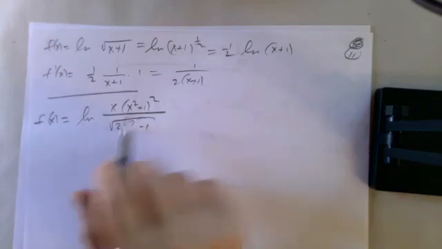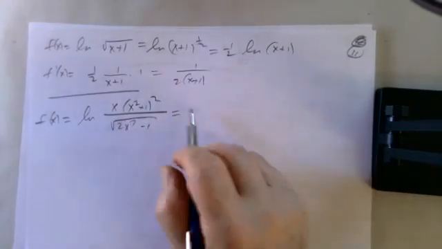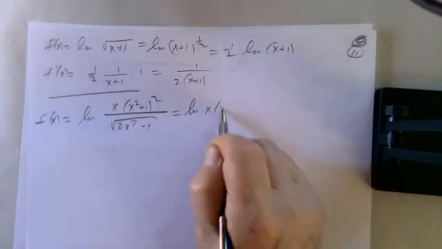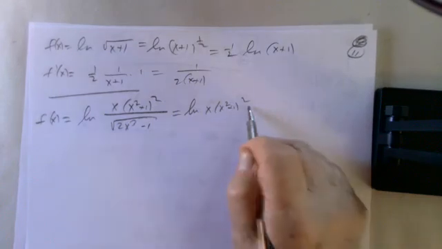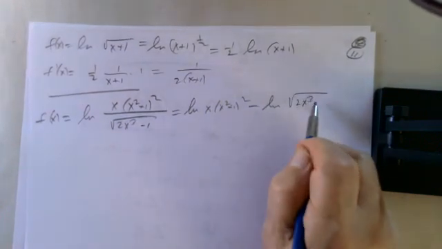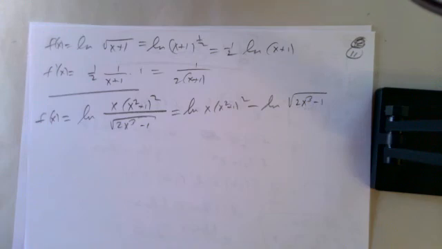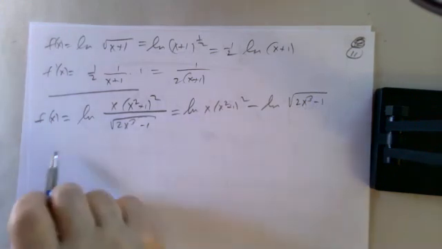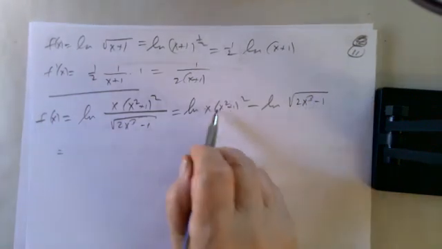The log of a quotient is the difference of the logs. So this is the log of x times (x squared plus 1) squared, minus the log of the square root of 2x cubed minus 1. And a log of a product is the sum of the logs.